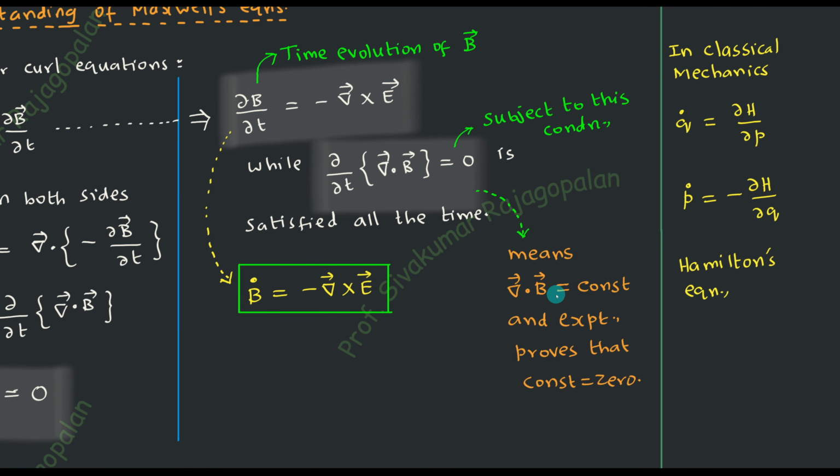Divergence of B equal to constant is not the Maxwell equation. Divergence of B equal to 0 is the only Maxwell equation. Okay, so I think that explanation is enough, and probably I will write down the conclusion.